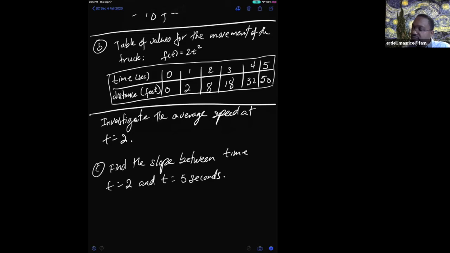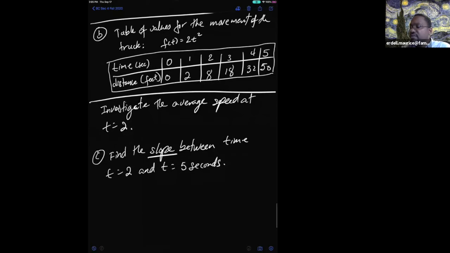If I ask you to find the slope, would you be able to do that from back in the day? Yes, of course I can find the slope. All you have to do is remember the formula. The slope is y2 minus y1 divided by x2 minus x1.